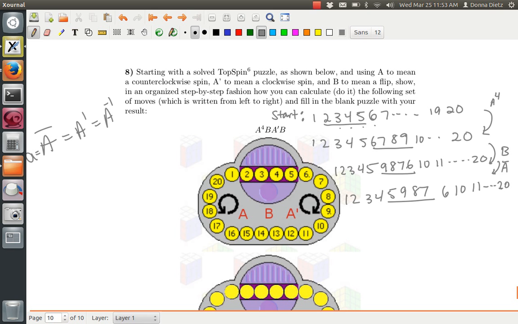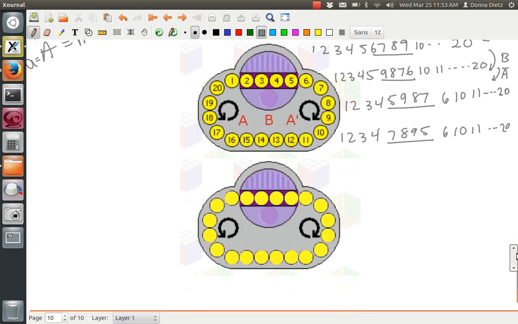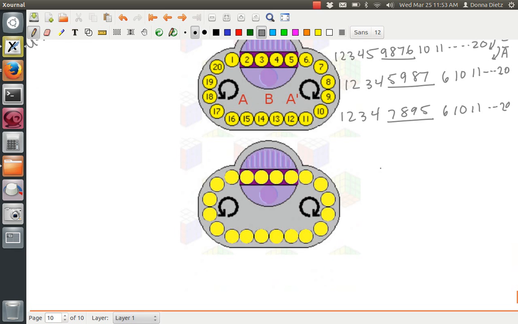Now what? We have one more thing. We have to do B again. B is flip: 1, 2, 3, 4, 7, 8, 9, 5, 6, 10, 11, all the way up to 20. Now we write it in the grid.